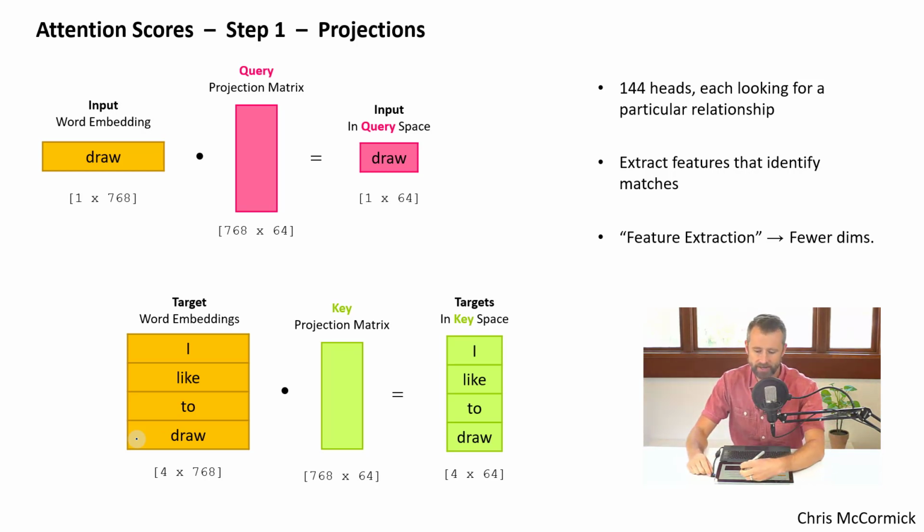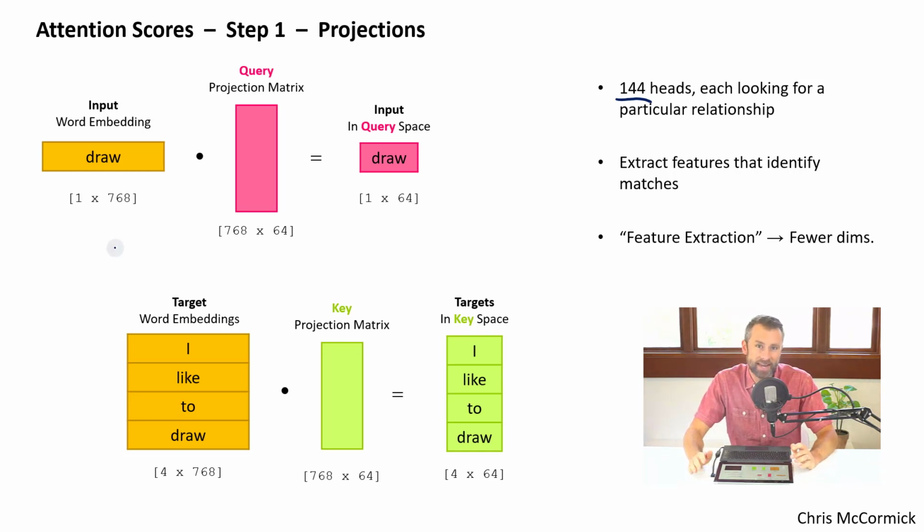So 12 layers times 12 heads, there's actually 144 different self-attention units in BERT base or in GPT-2, the base size. And again, the job of self-attention is to look for information in the targets that we want to incorporate in the input. And each head is looking for a particular relationship between input and target.